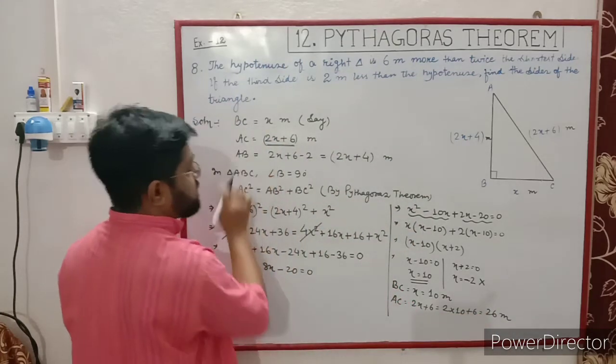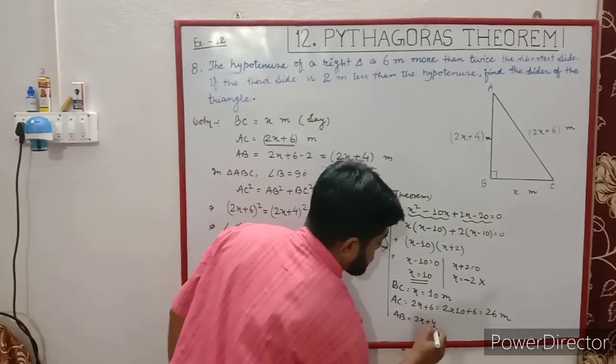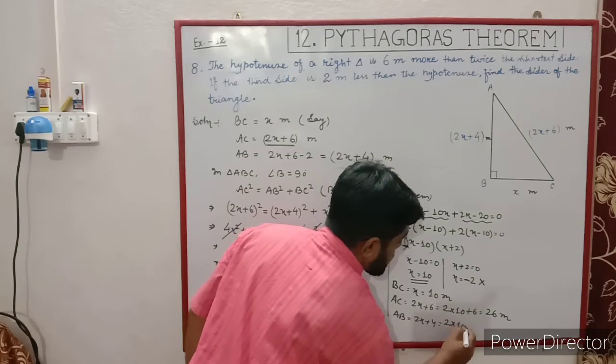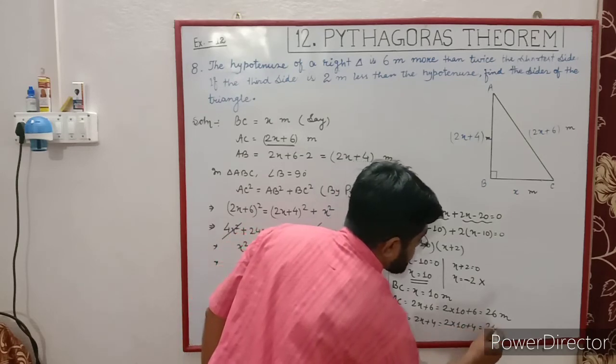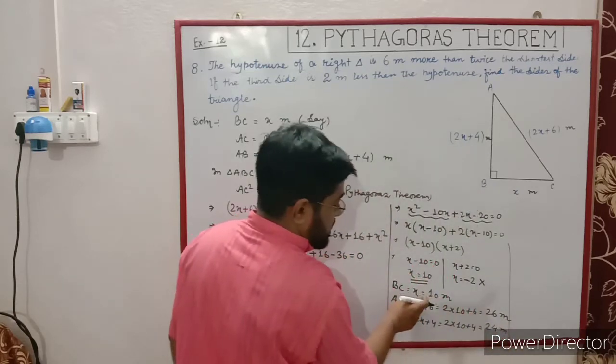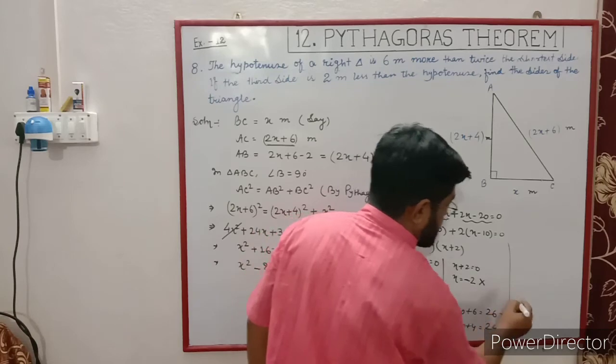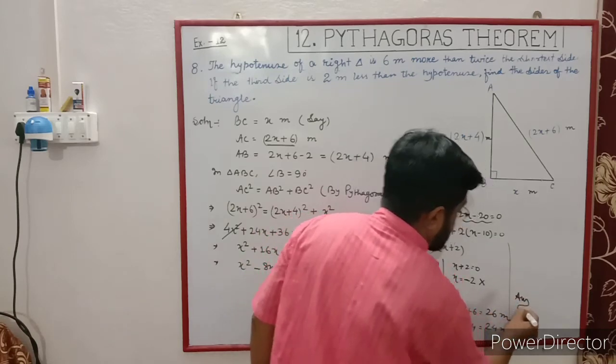Now the third side AB is equal to 2x plus 4, so 2 into 10 plus 4 is equal to 24 meter. So three sides are given: 10 meter, 26 meter and 24 meter. That is answer.